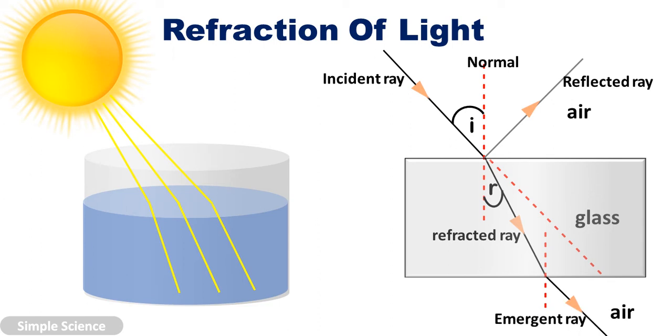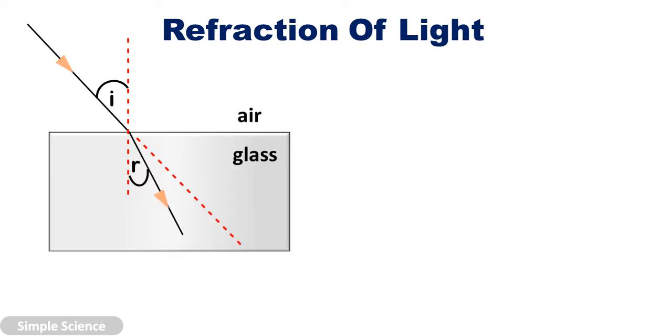This ray is called the emergent ray as it emerges out of the glass. In this part we are going to see only the refraction or the refracted ray.